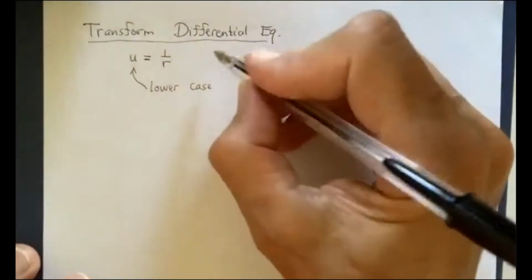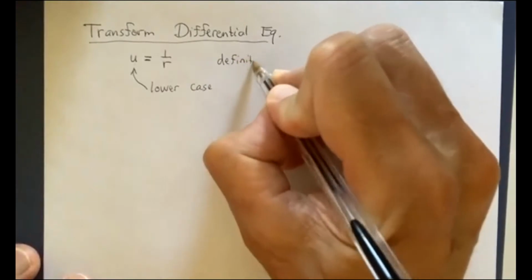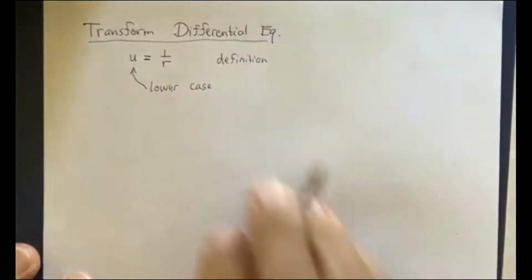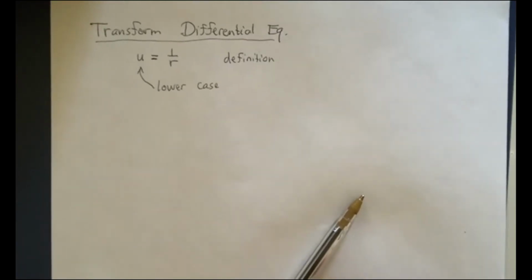And this is simply the definition of this lowercase u. Over hundreds of years of solving this problem, people realized this is a useful thing to do, to define lowercase u to be the reciprocal of r.